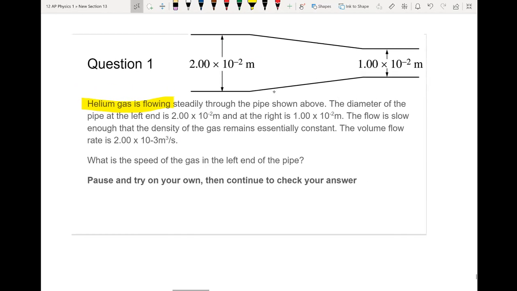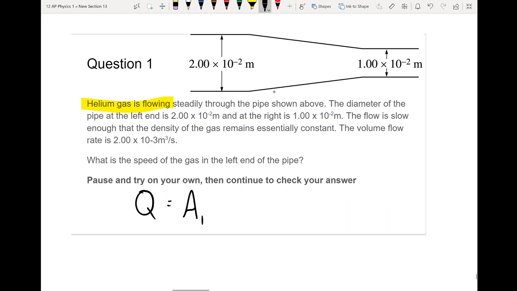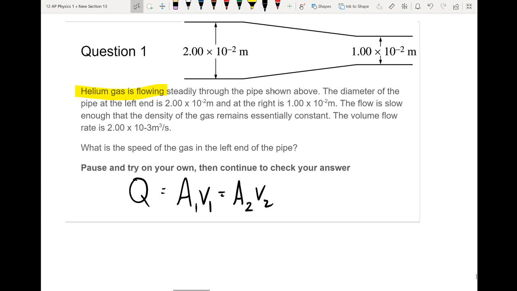The thing about volume flow rate is that we have this quantity Q for volume flow rate. This doesn't show up on our equation sheet, but we know that the volume flow rate is equal to A1 times V1, and that it is constant throughout the pipe. So this is really our continuity equation, this conservation of mass, conservation of volume kind of equation.